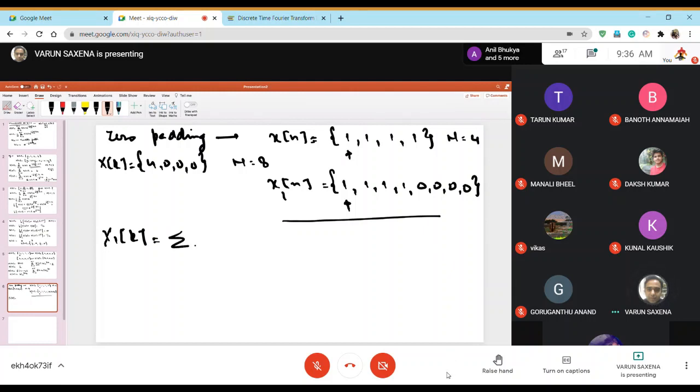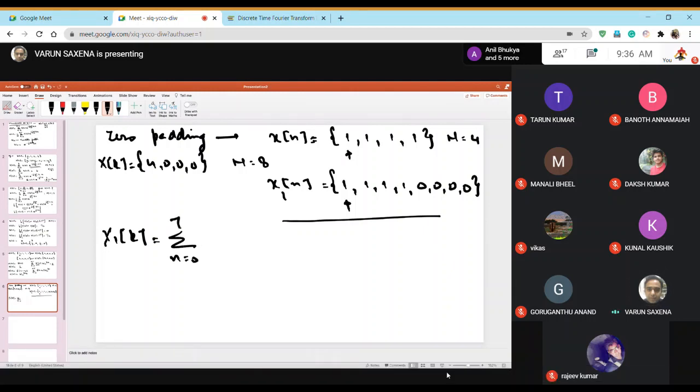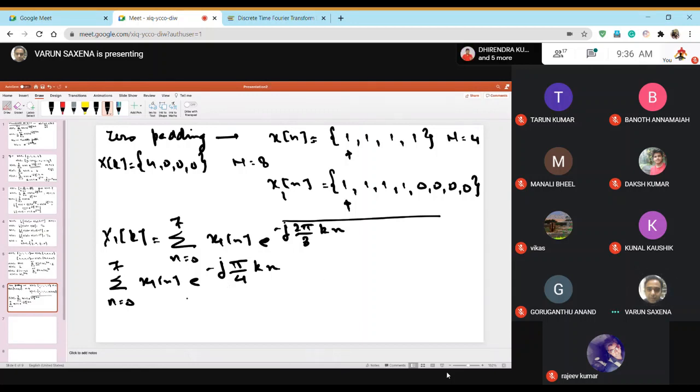So if you write it, that will be the sum over n equal to 0 to 7 of x1[n] e to the power minus j 2 pi by 8 kn, which is the sum over n equal to 0 to 7 of x1[n] e to the power minus j pi by 4 kn, right?